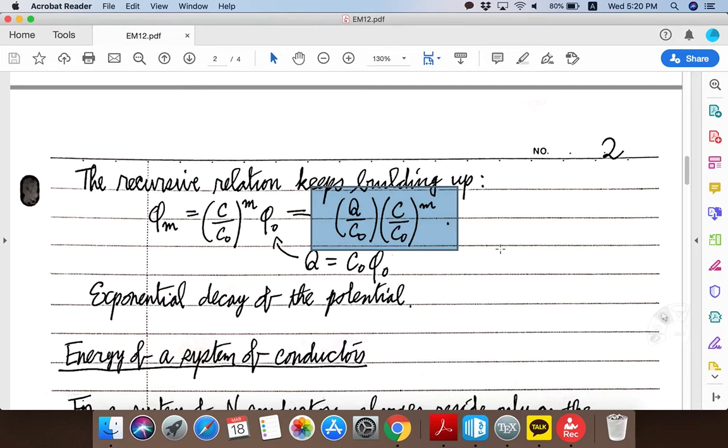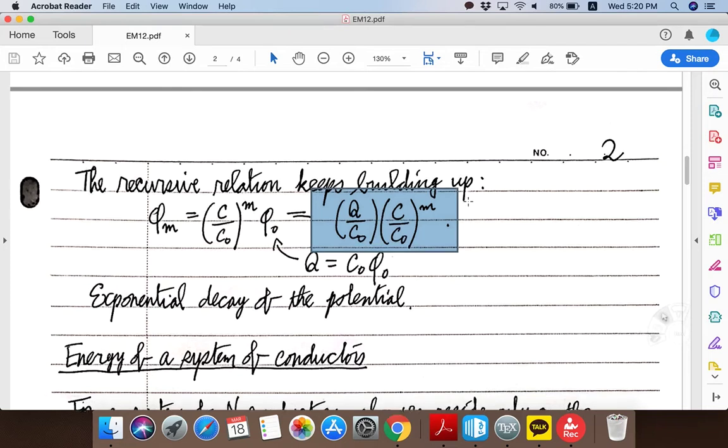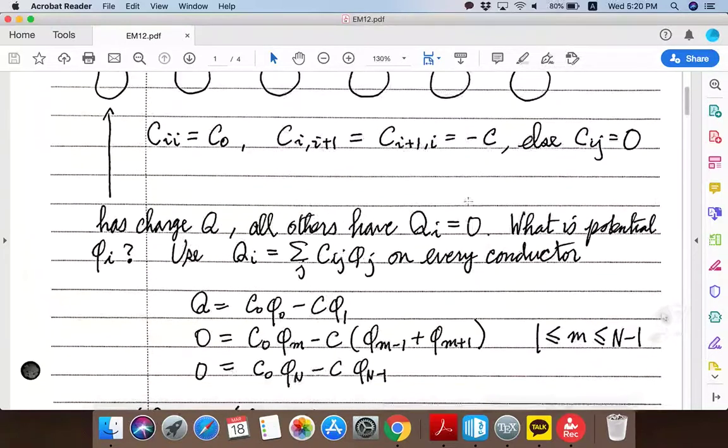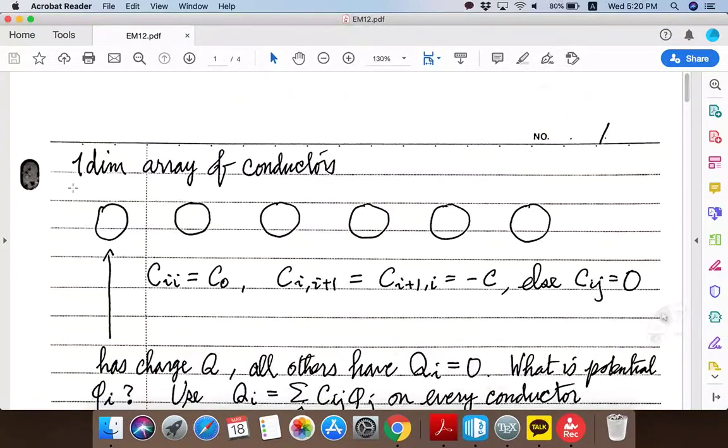Okay, so what it says is that the potential being held at some finite value for the conductor at the very end over here, that potential value becomes successively smaller and smaller in an exponential fashion until it dies out pretty much to zero toward the end.